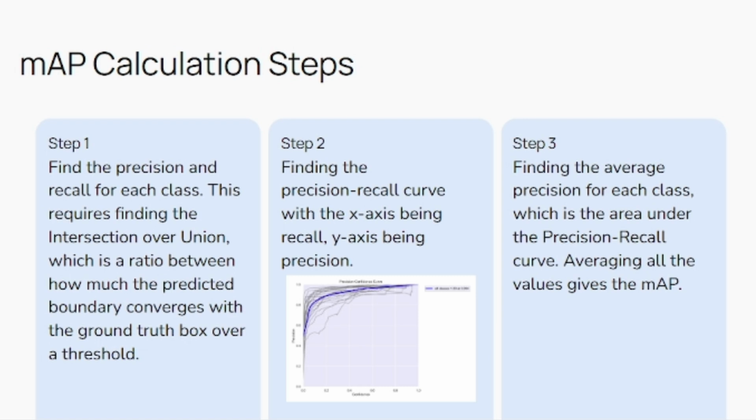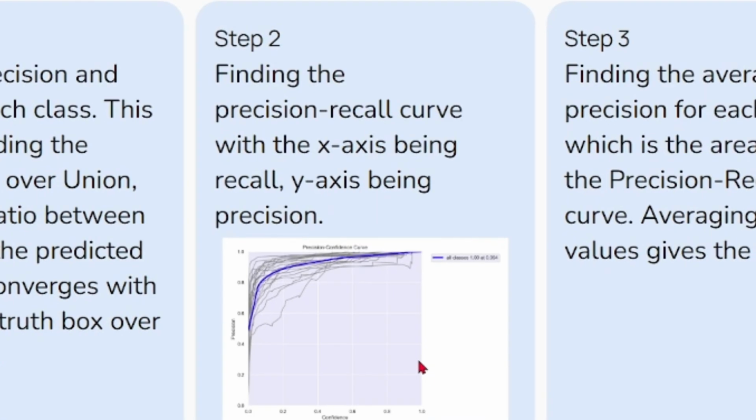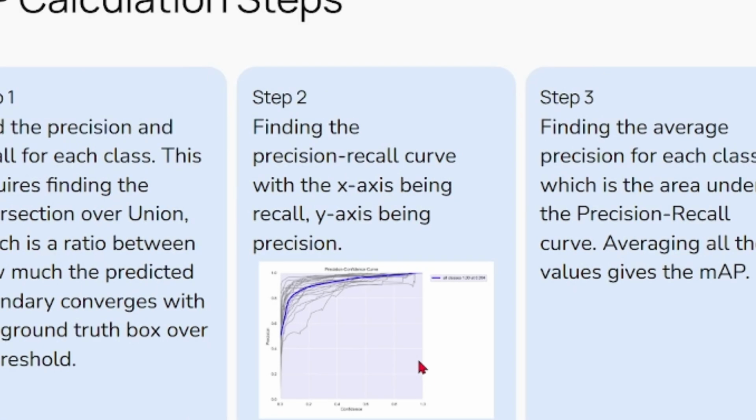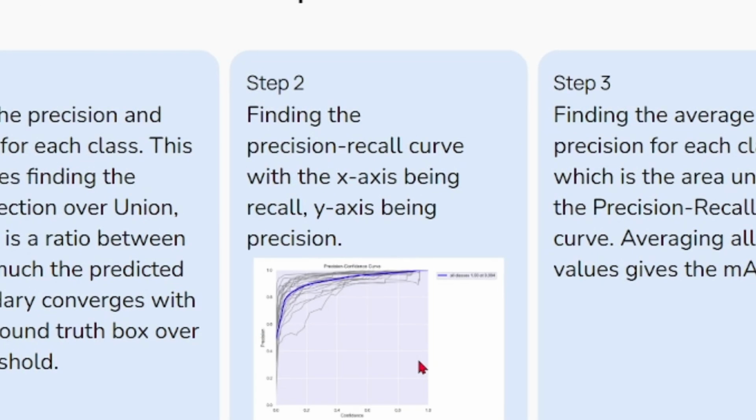And from this, we can form the precision recall curve graph, as you can see here, with the x-axis being recall and y-axis being precision. And the area under the curve we can use to calculate the average precision for each class. And finally, we just average all those scores across all the classes to get our final mAP score.